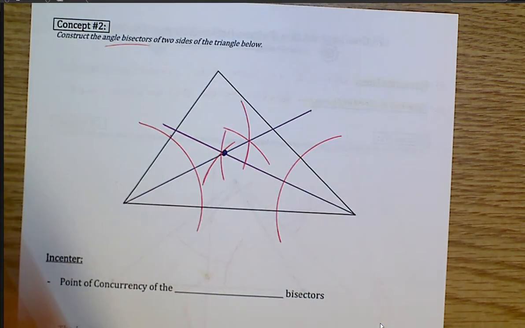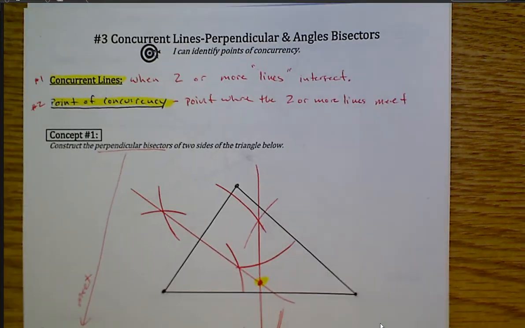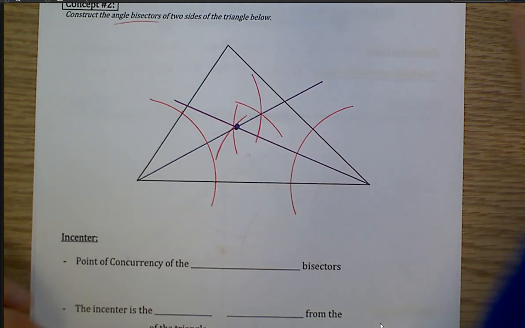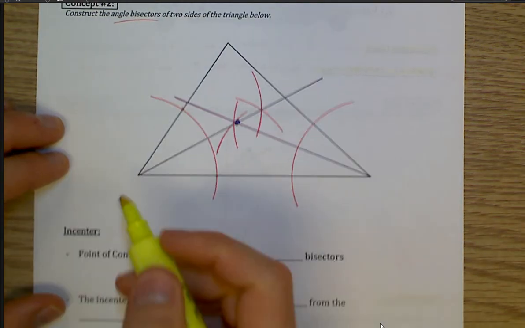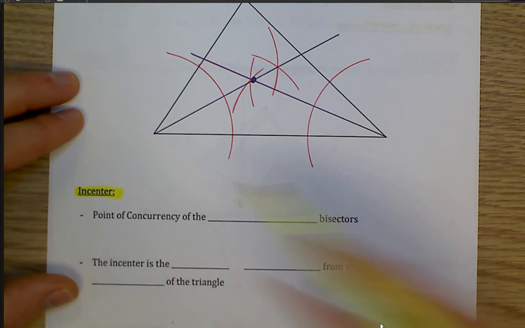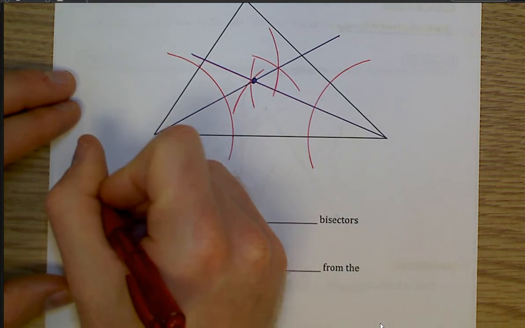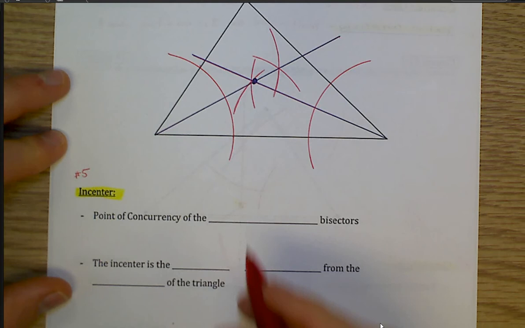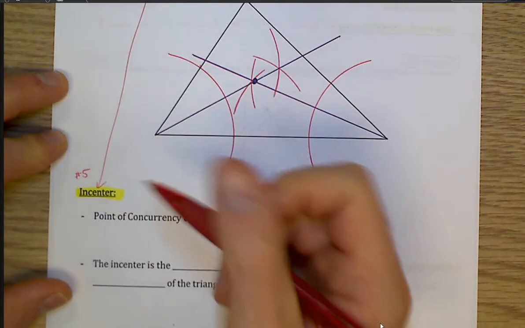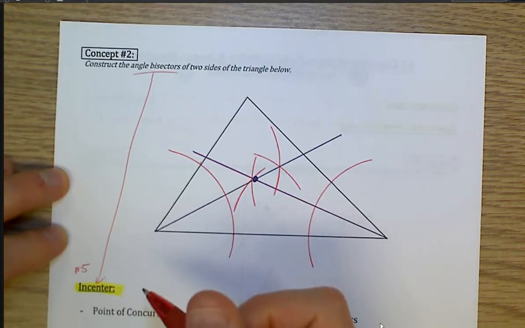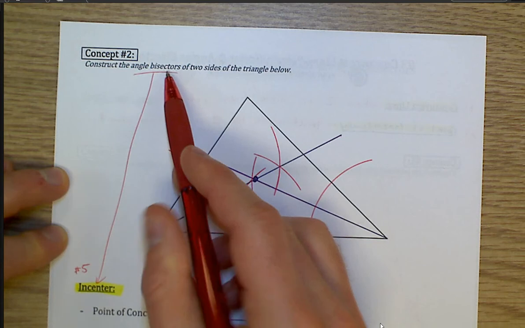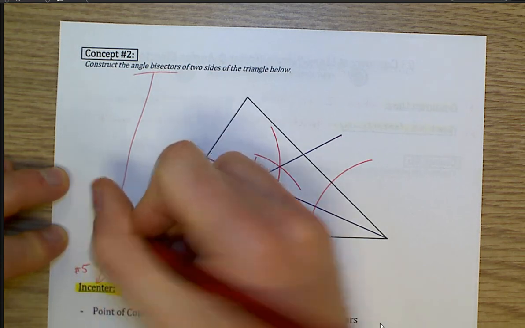What vocabulary word are we on? That was the fourth one there, so we're on vocab word 5. This is vocab word 5. This is called the incenter. Where your angle bisectors meet is called the incenter.